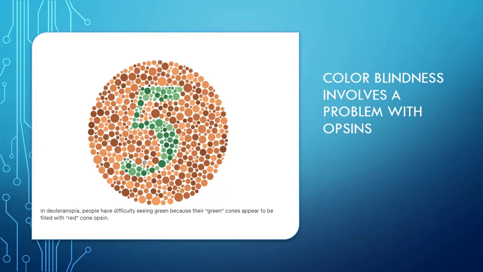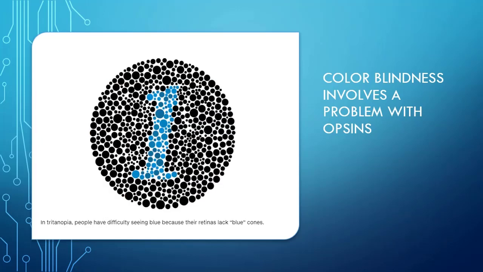We can also have deuteranopia, where people have trouble seeing green. And again, what you would see is something that's very much a mosaic of dots that are now uniform instead of being able to see the green, because you would see these green components more like a red, with the green opsins having been replaced with red opsins.